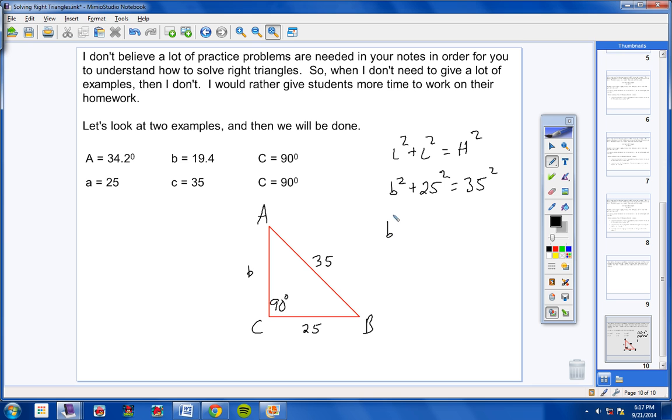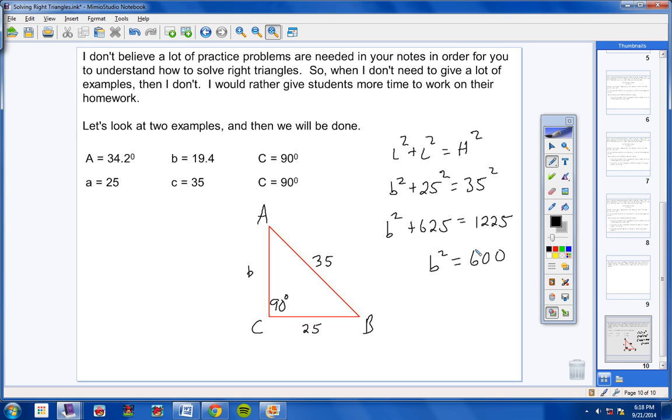So next, I would have B squared plus 625 equals 1,225. Then subtract 625 from both sides, and we will get 600.